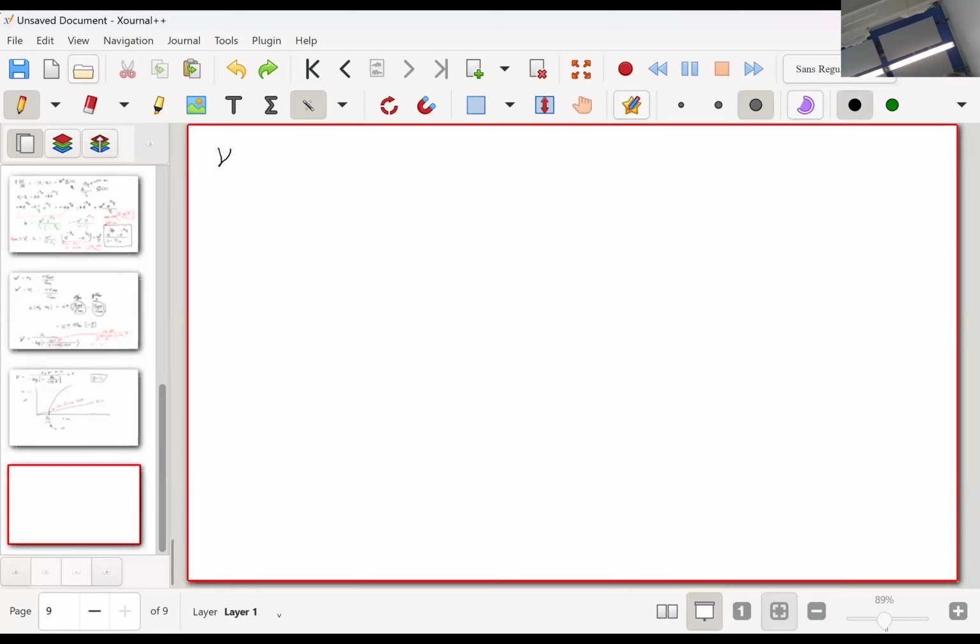So nu at time t plus some short time later, we don't really know what that is, equals nu of t plus.